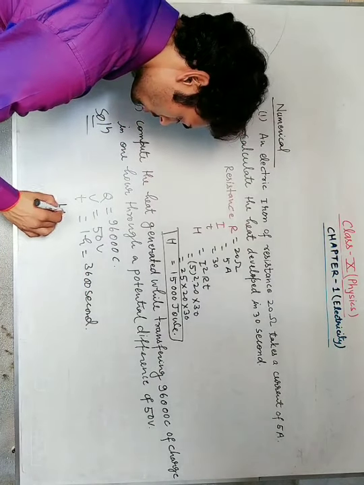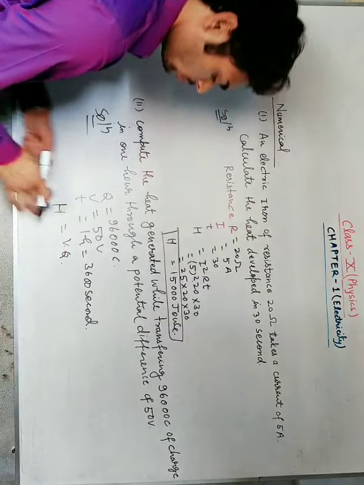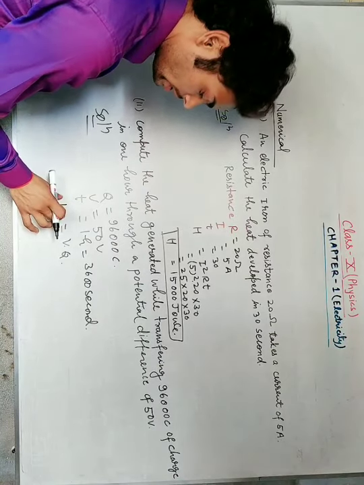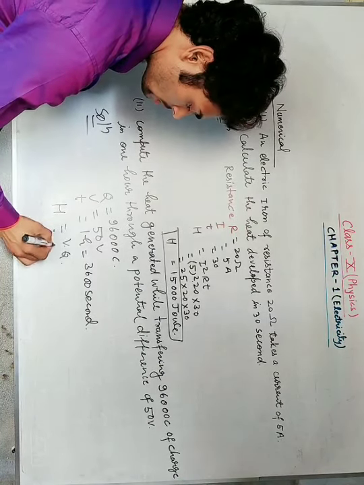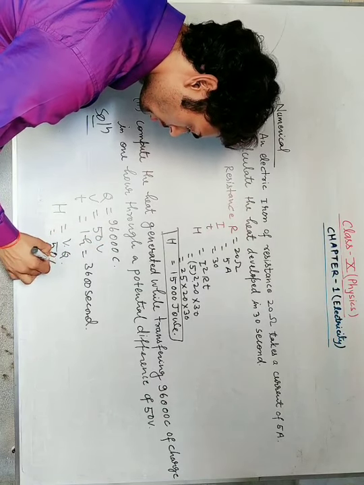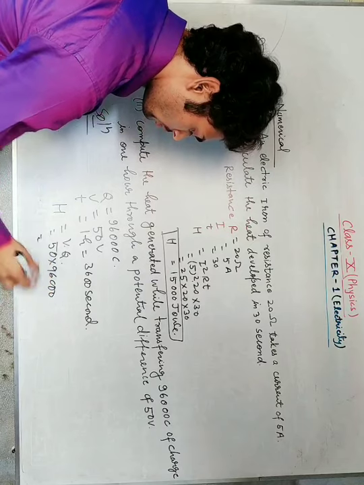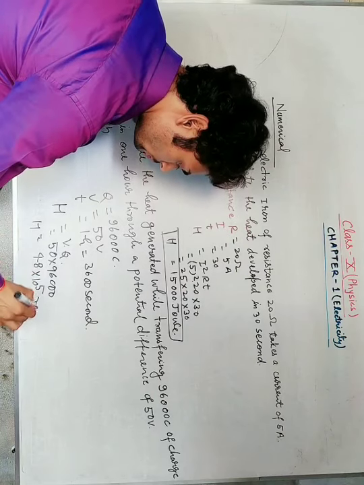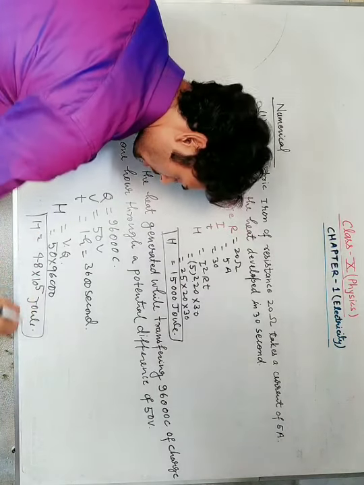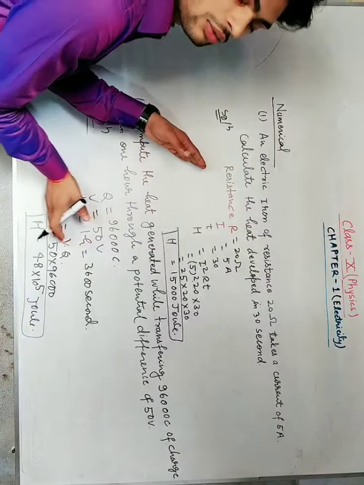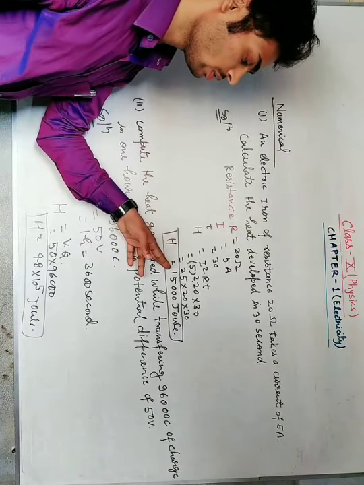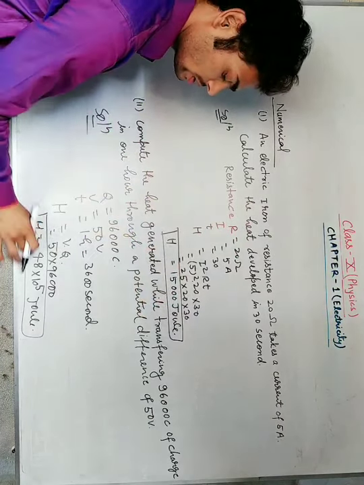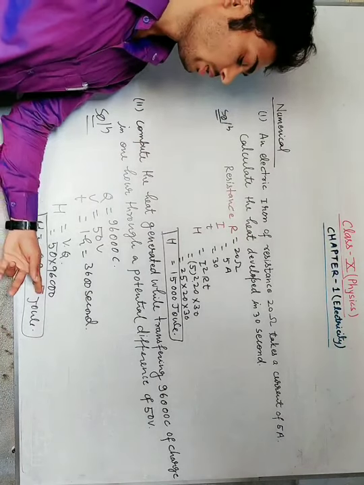Then we know that W equals V into Q, but work done in form of heating, then we can write H instead of W. H, put the value of V 50 into 96,000. After multiplying, it becomes 48 into 10 to the power 5 joule. So these are two numericals based on heating effect of electric current. The answer of the first numerical is H equals 15,000 joule, and second H equals 48 into 10 to the power 5 joule.